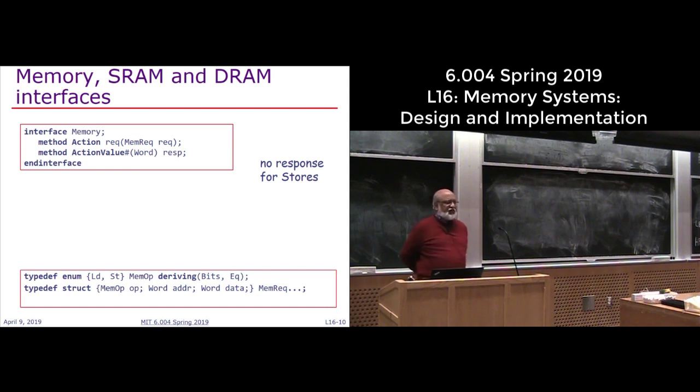So this you have seen before already in the processor we were writing. Nothing has changed. This is the memory interface you're familiar with so far, and we do not expect stores to generate any response.